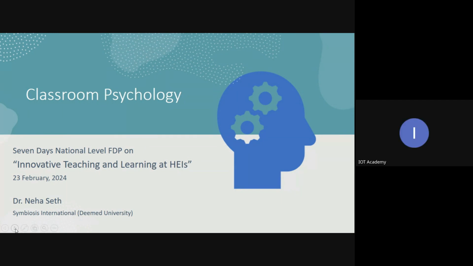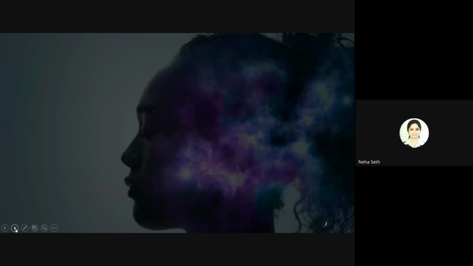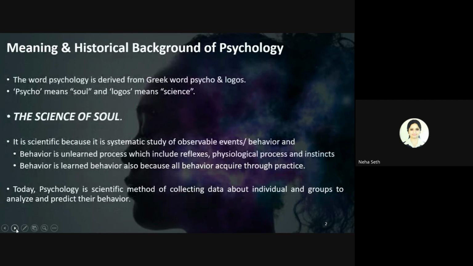Okay. Yes, ma'am. I was talking about how we are trying to understand the classroom psychology, or we are trying to study the behavior of our students. We have to understand the behavior of our students. So when I say the word psychology, it is not only about understanding the behavior of our student, or probably I can say that it is the lowermost stage of studying psychology, where we are trying to study the behavior of our students.